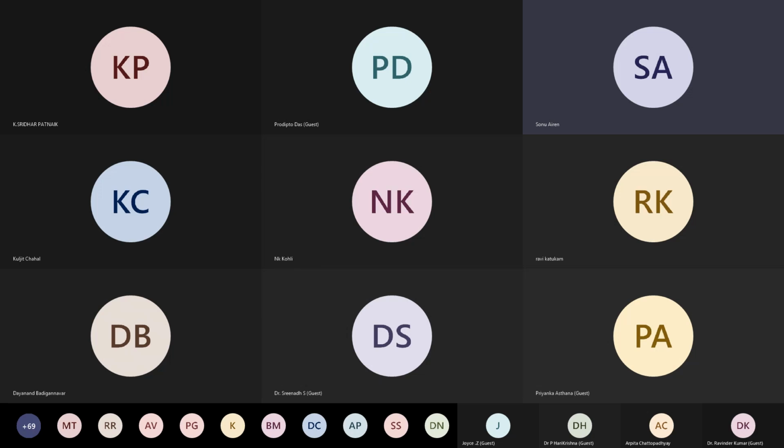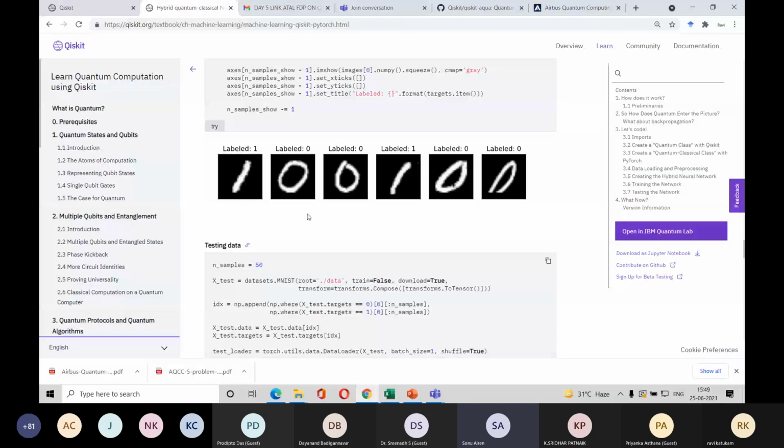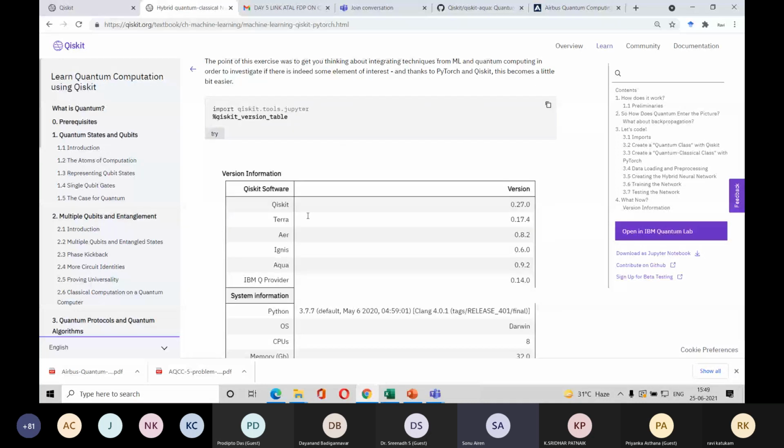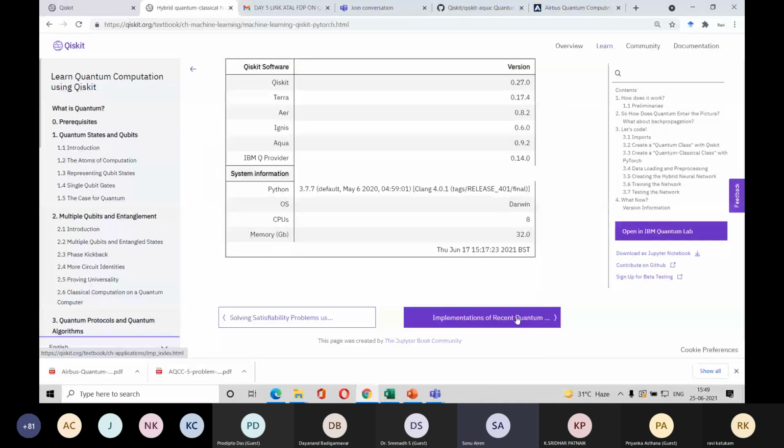Okay, 1, 0. And recently there is an attempt on using SVM classifier, so QSVM, that is quantum support vector machine also. This is basically just to give a brief on the QML research area that is happening.